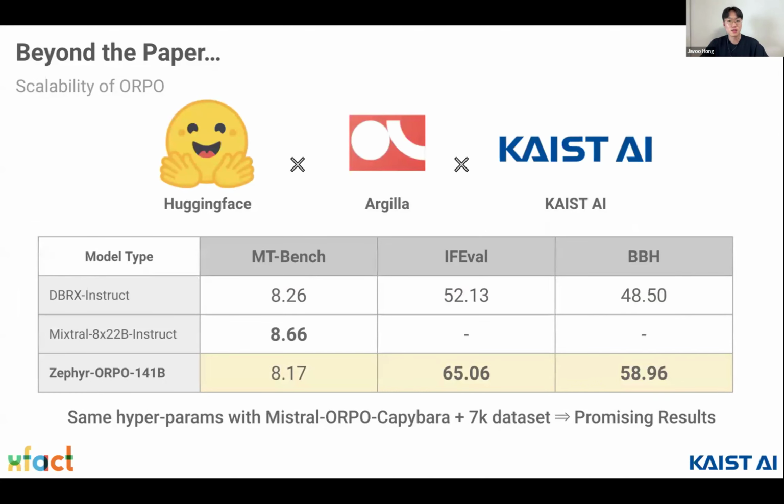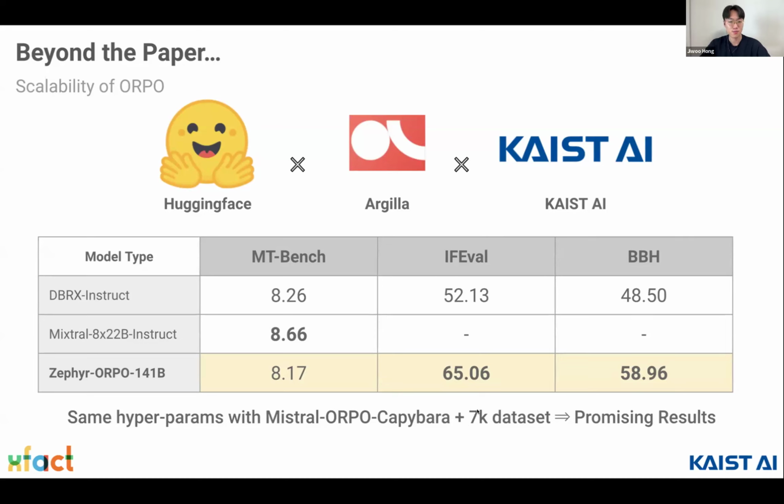Also, we did a collaboration with Hugging Face and Argilla, which is part of Hugging Face now. We trained the Mistral MoE model, the 141 billion sized Mistral model, on the Capybara dataset, the 7K dataset.